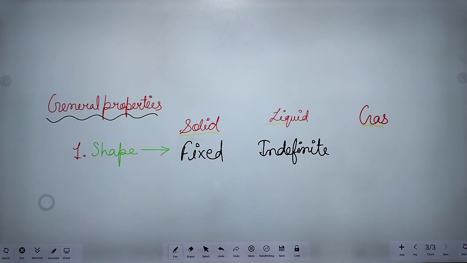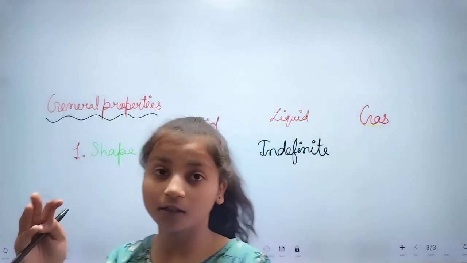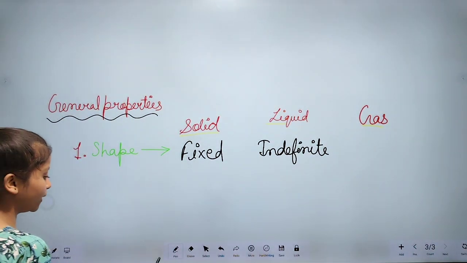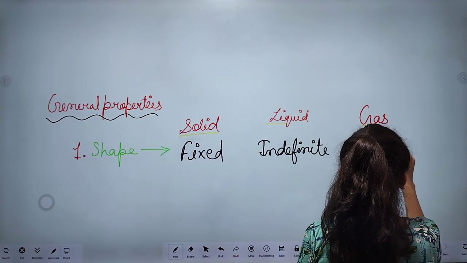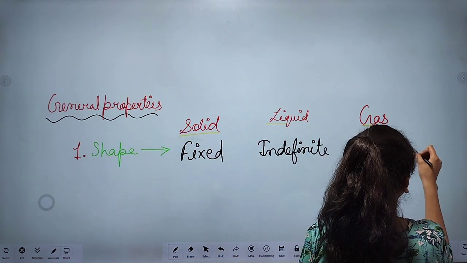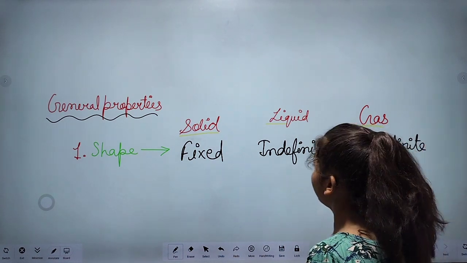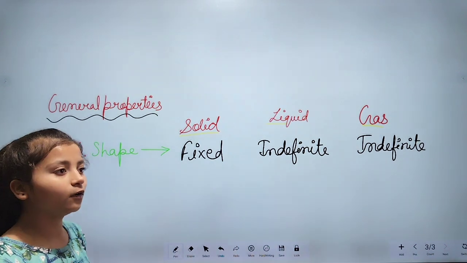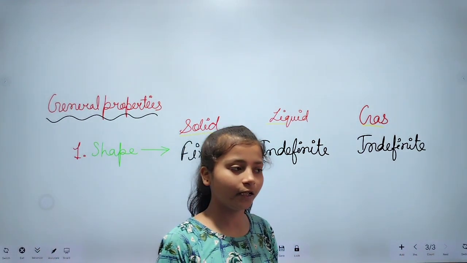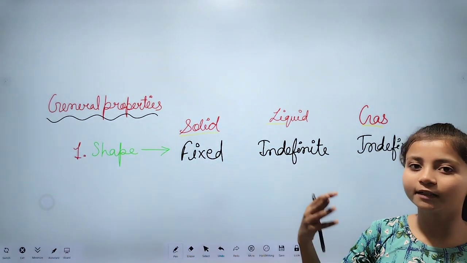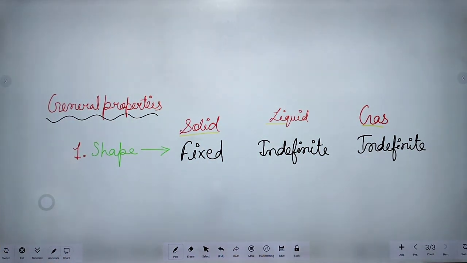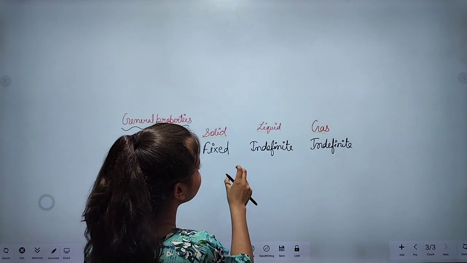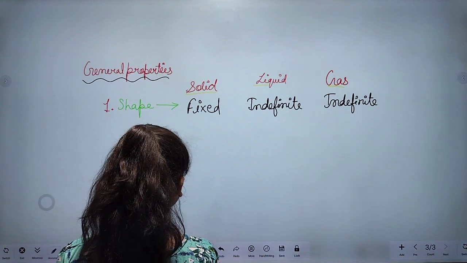And gas shape is also indefinite, because if we put the air into a balloon, it takes the shape of balloon. And it can change the shape if we put it in different types of container. So this is about the shape.